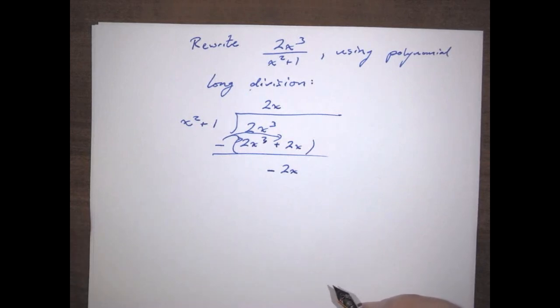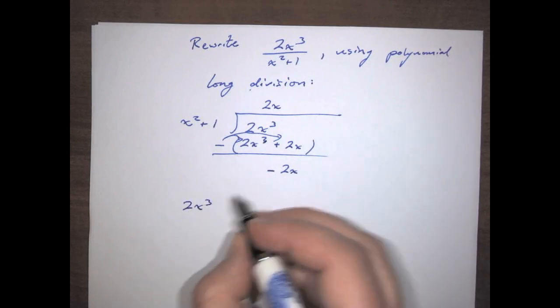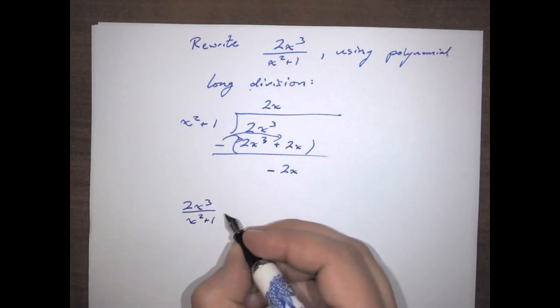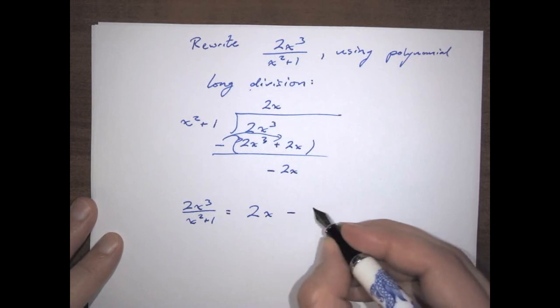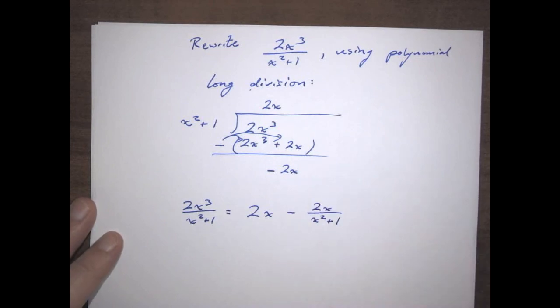And so what that's going to leave you with here is that 2x cubed over x squared plus 1 is the same as just 2x minus 2x over x squared plus 1.